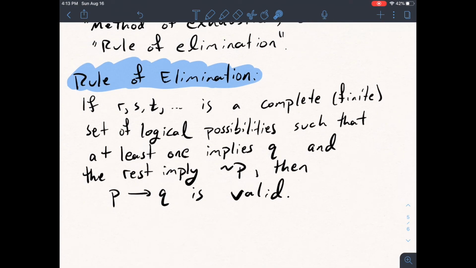And then the only other logical possibility implied that our conclusion was true.